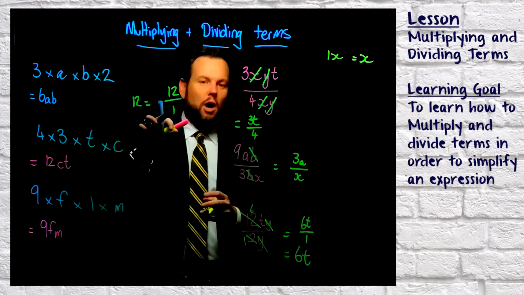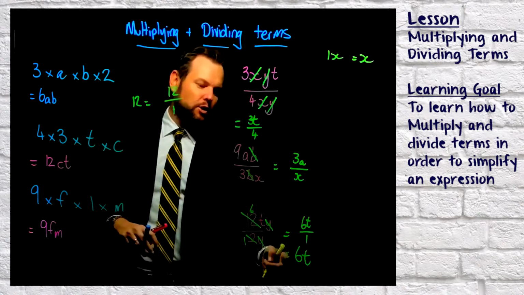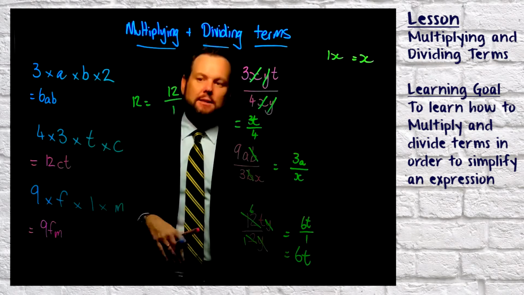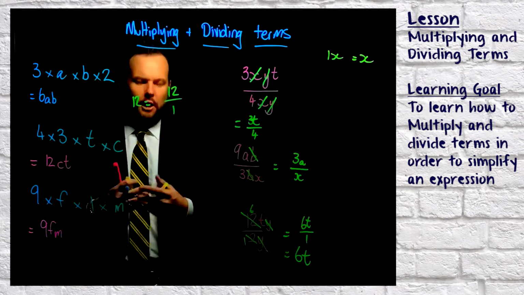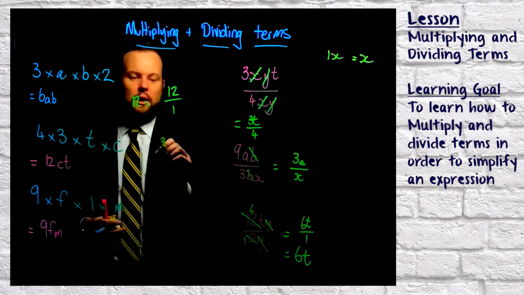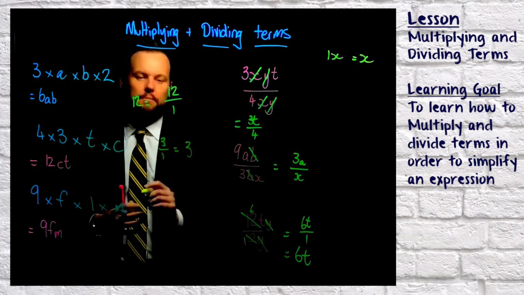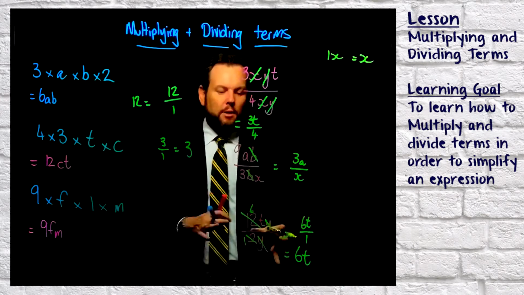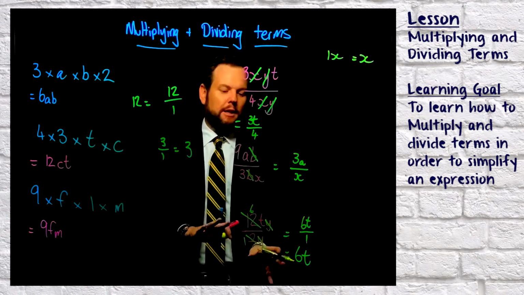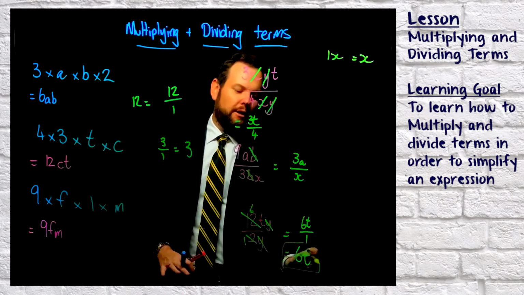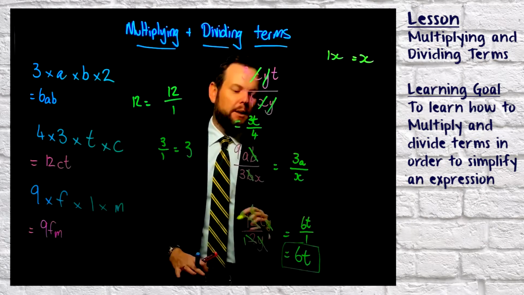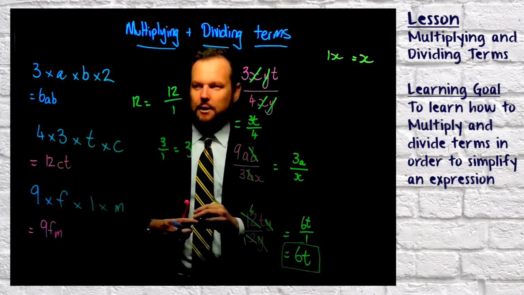There's no need to write it out as that. You would just put it there as 6t. Likewise, if I said I've got 3 of these, I wouldn't say I've got 3 over 1 of these. You just say, I've got 3 of them. So with that one there, we did so much simplifying and cancelling that we got rid of our vinculum and we just ended up with 6t.